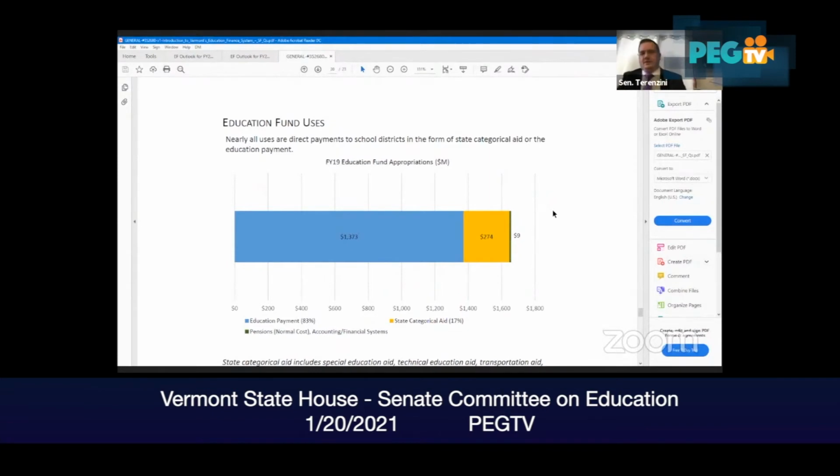Thank you, Senator Campion. I think to piggyback on what Senator Perchlik said, and I made the comment last week, that real pain point with taxpayers and voters is exactly right. When you go to vote on town meeting day for your school budget, and it might be up 2%, and then you find out come June 30th, after the tax department does its calculations, your education tax based off of your property might be going up 7%. So it just seems like there's a disconnect.